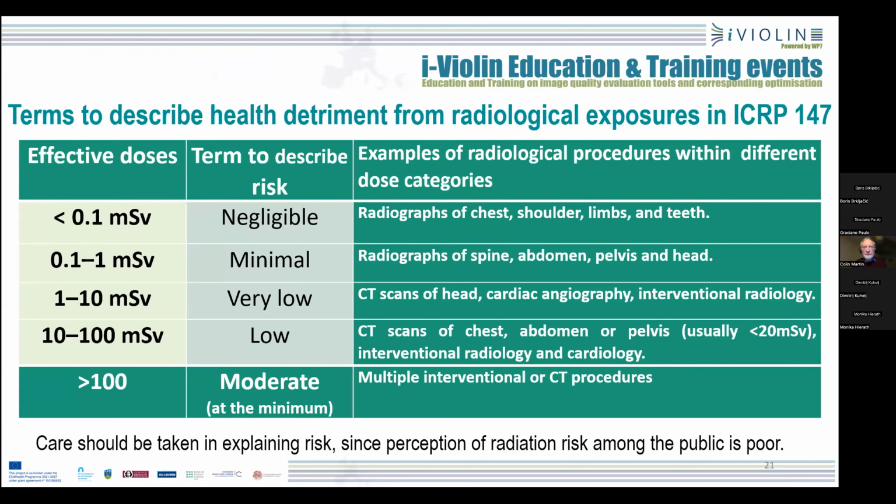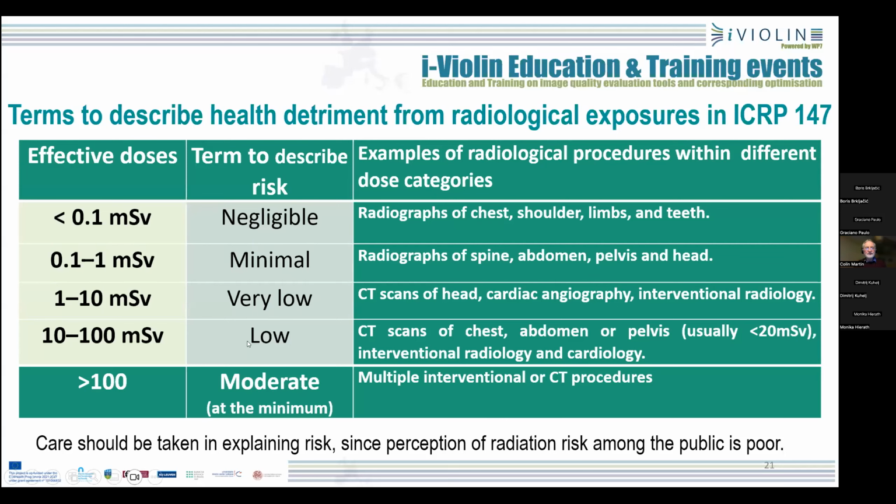So that's our publication on radiation protection dose quantities. If it's less than 0.1 millisieverts, say it's negligible. 0.1 to 1 millisieverts, which is for radiographs of abdomen, pelvis, etc., minimal. Between 1 and 10, which gets us into the CT frame, we say they're usually very low.